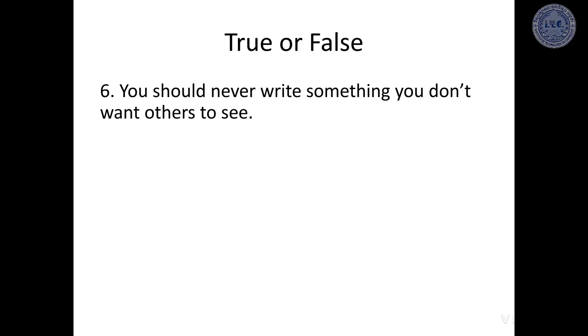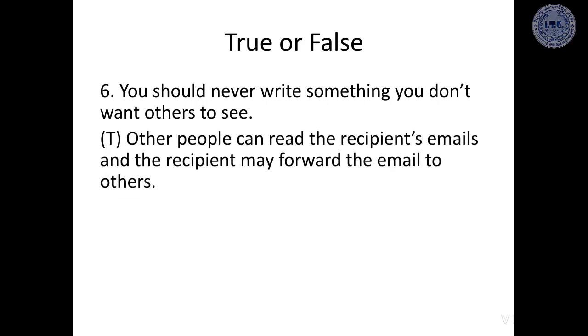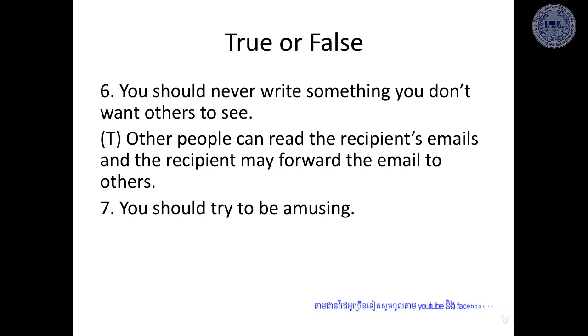Number 6. You should never write something you don't want others to see. So this statement is true. Why? Other people can read the recipient's email, and the recipient may forward the email to others. So that's why you should never write something you don't want others to see, because they can forward your message to another person. You should try to be amusing.